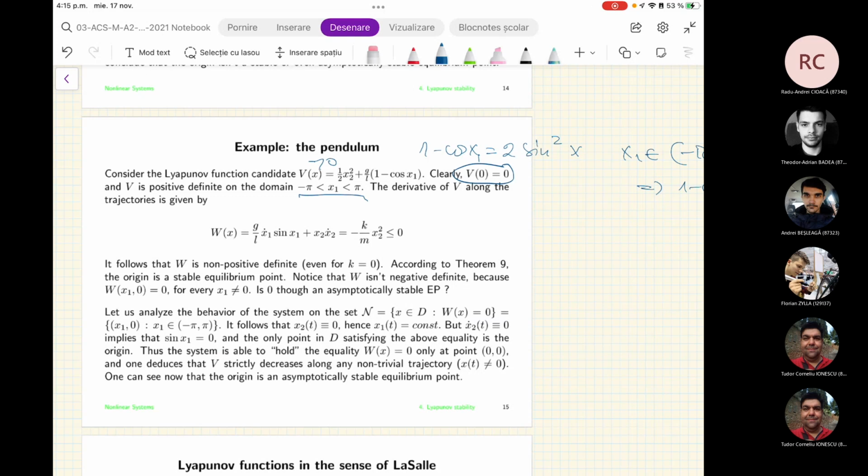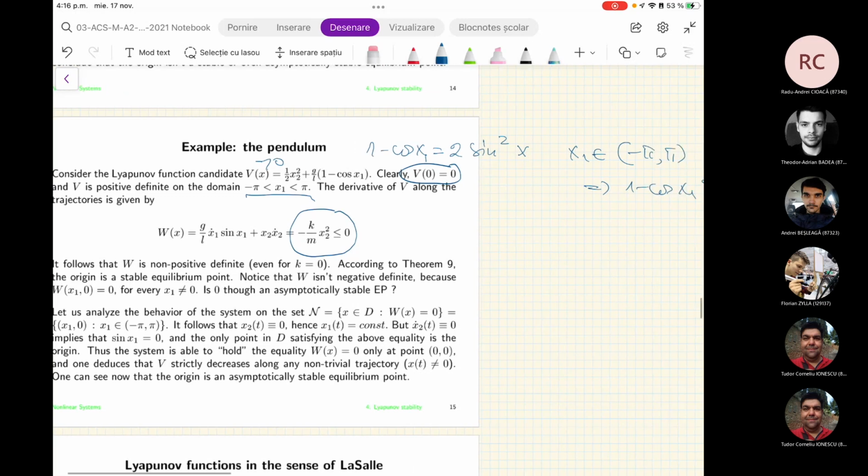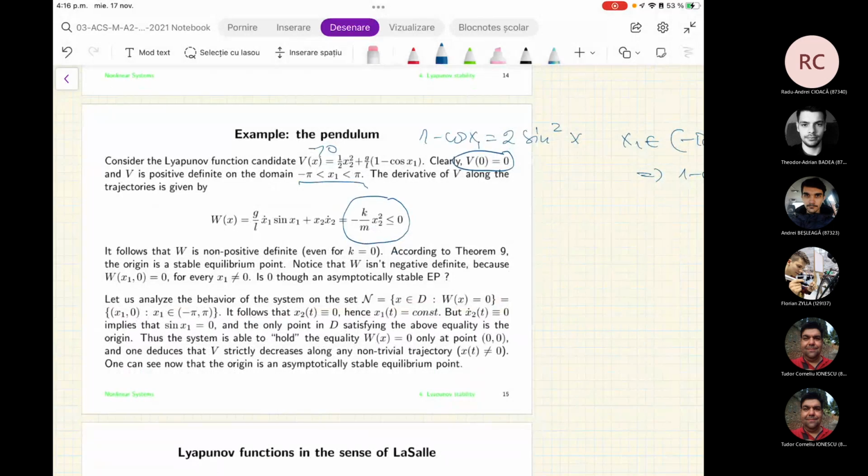And the derivative is this guy. So this is not negative definite, but semi-negative definite. So we have a problem, because from this one, it means the origin is only stable.